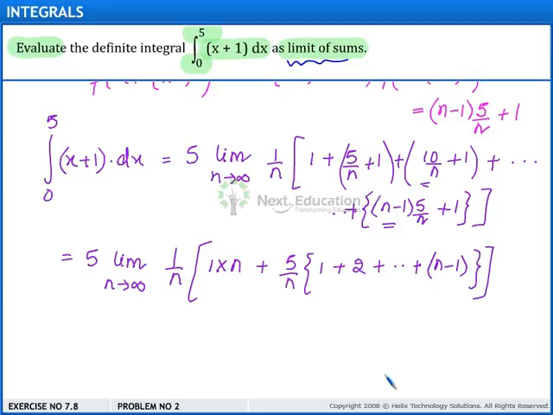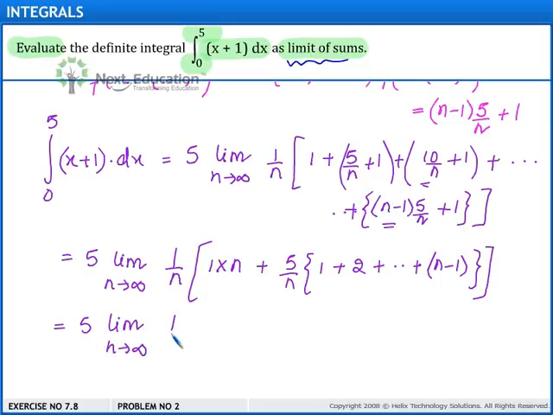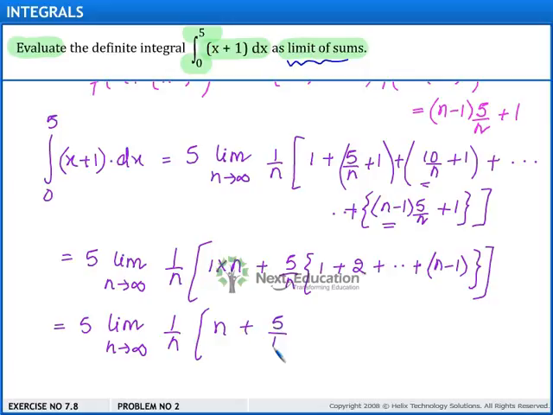This is further equal to 5 into the limit as n approaches infinity of 1 upon n into n plus 5 upon n. Now the sum of the first n minus 1 terms is given by (n minus 1) into ((n minus 1) plus 1) divided by 2.